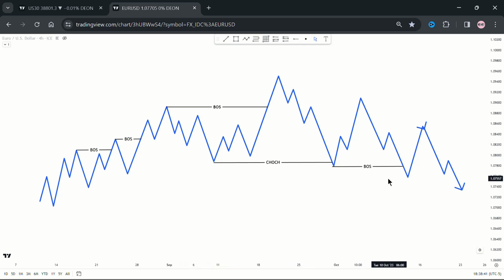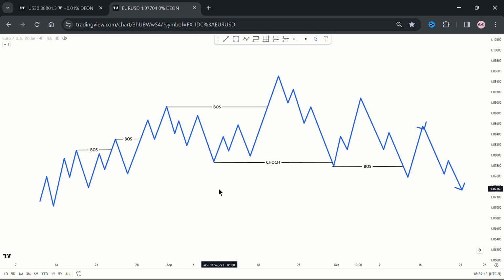Let's assume that this is a 4-hour chart. By the way, before we start, when we are talking about internal versus external market structure, you should think of it as higher time frame versus lower time frame, analysis time frame versus entry time frame. That's how you're supposed to think about it.